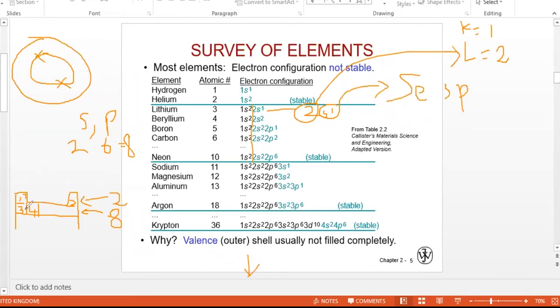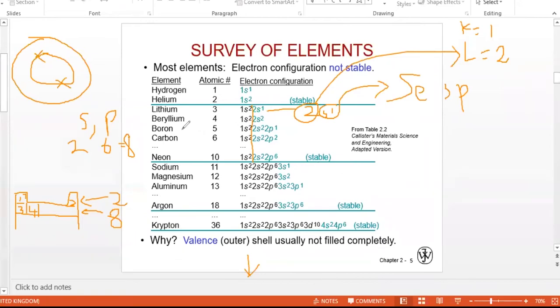Then this is the second orbit, so we write 2, which shows that it is in the second orbit. Then S2, since I told you the maximum for S is 2. So for beryllium it is 1s2 and 2s2.